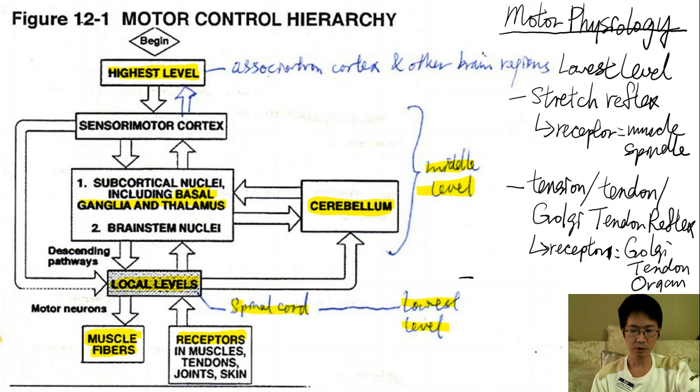The last one is called the withdrawal reflex. Withdrawal reflex has different names. You can call it withdrawal, flexor, or flexion. So it has 3 different names: withdrawal reflex, flexor reflex, flexion reflex.